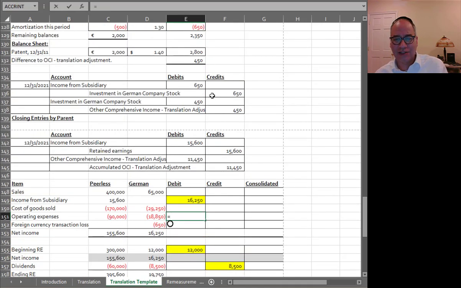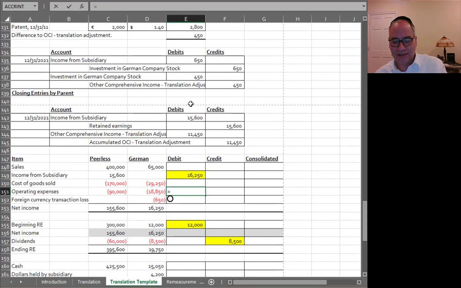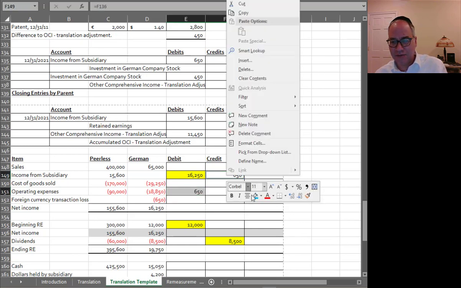This transaction here needs to be entered into the consolidation. So I'm going to credit income from sub for $650 as I did over here, and the debit is going to go to operating expenses. There you go. That makes more sense.